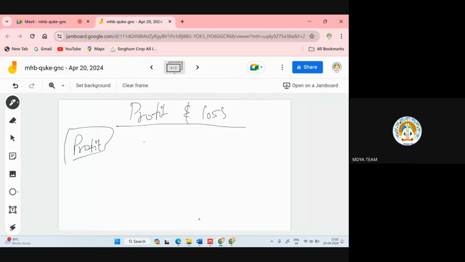First, understand what cost price is. Cost price is the price at which we buy the item, or the price at which you are producing something.